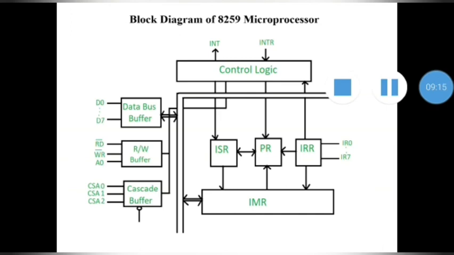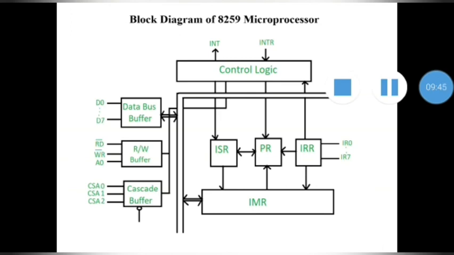Cascaded means there are a number of 8259 devices present or connected with the different processors.